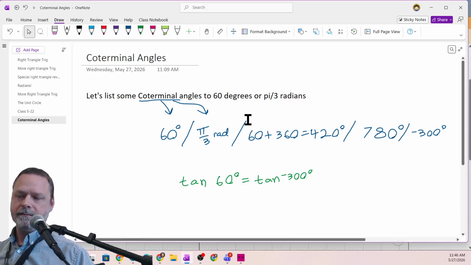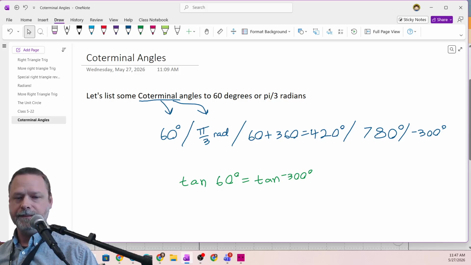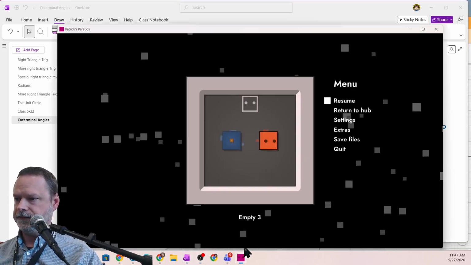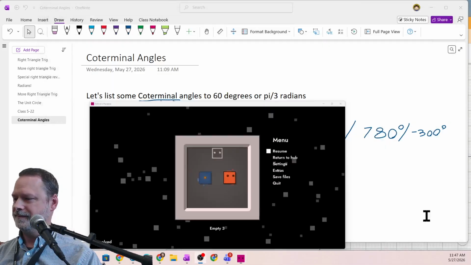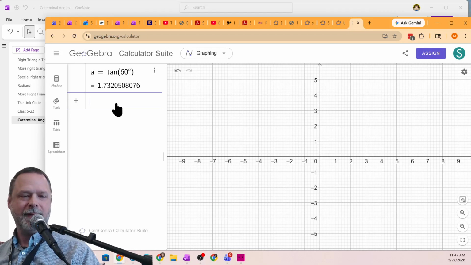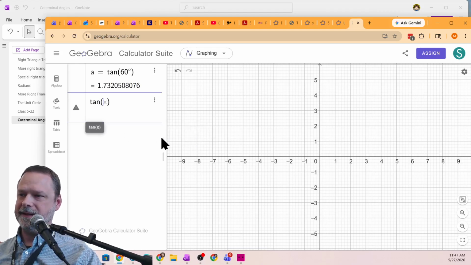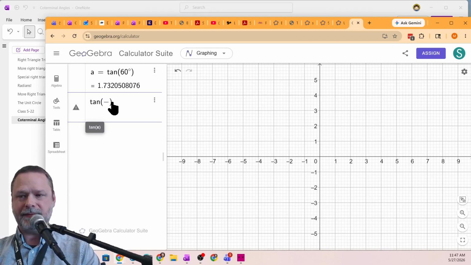And I guess I could show you that in a calculator too really quick. Why not? Here we go. Tangent of 60 degrees, about 1.73. And then we can go tangent, and I'm using, in this case, GeoGebra. It's easy enough to type in tangent of negative 300.